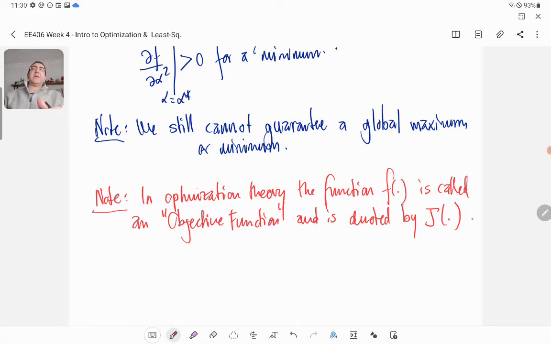We will see in our discussion about the linear quadratic regulator that we will define a specific objective function and we will try to minimize that in order to find a so-called optimal controller.